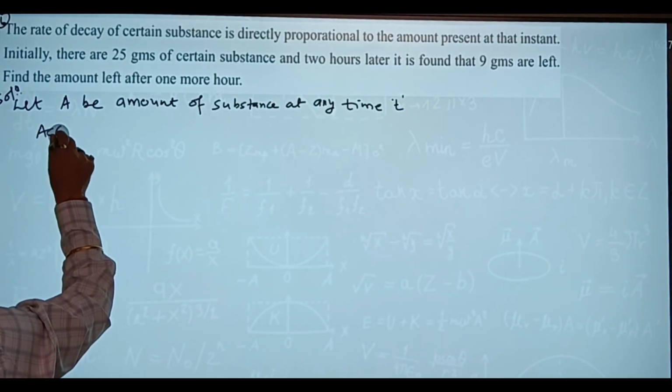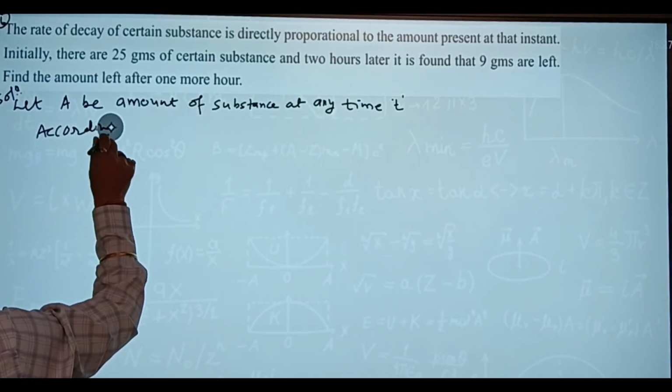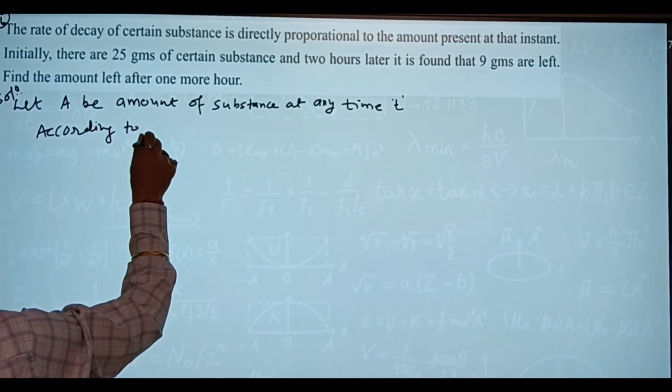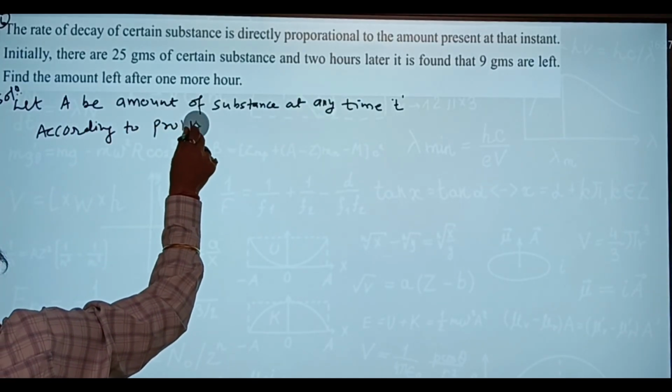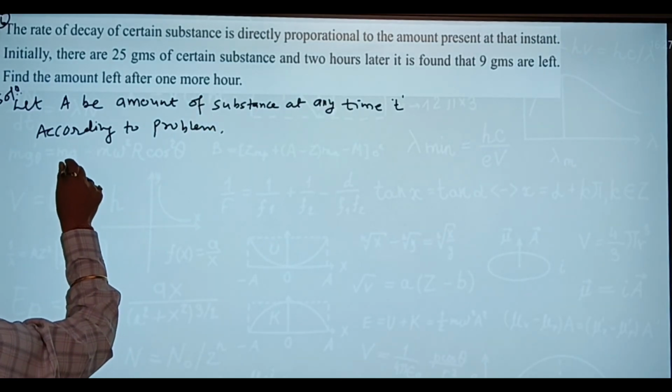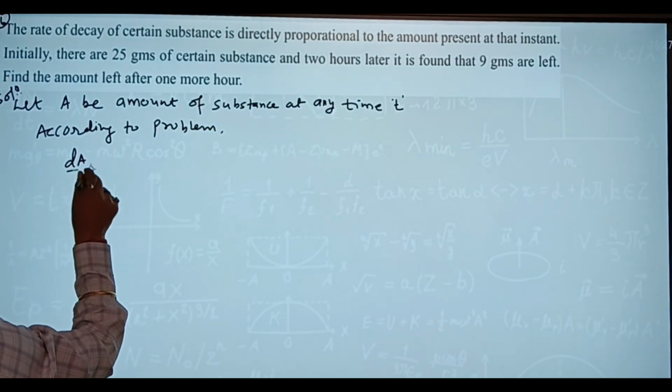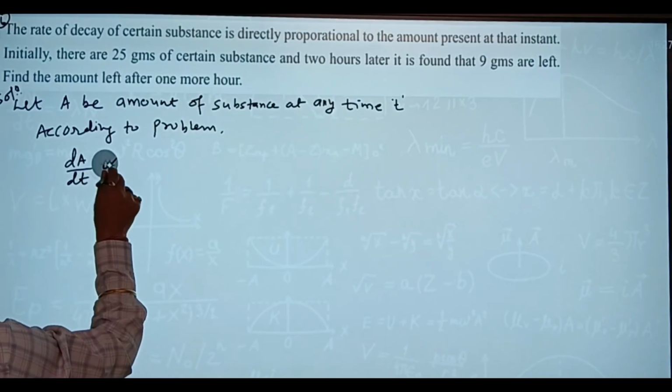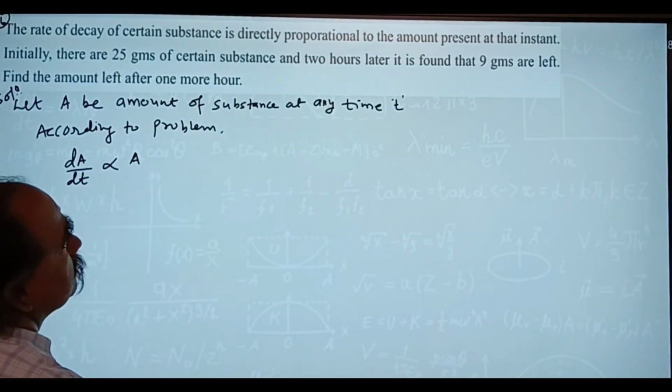According to the problem, dA by dt is what? Proportional to the amount.